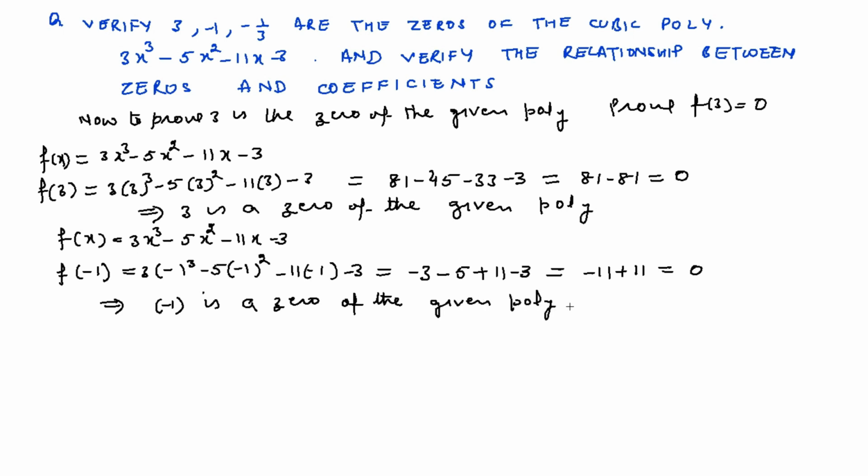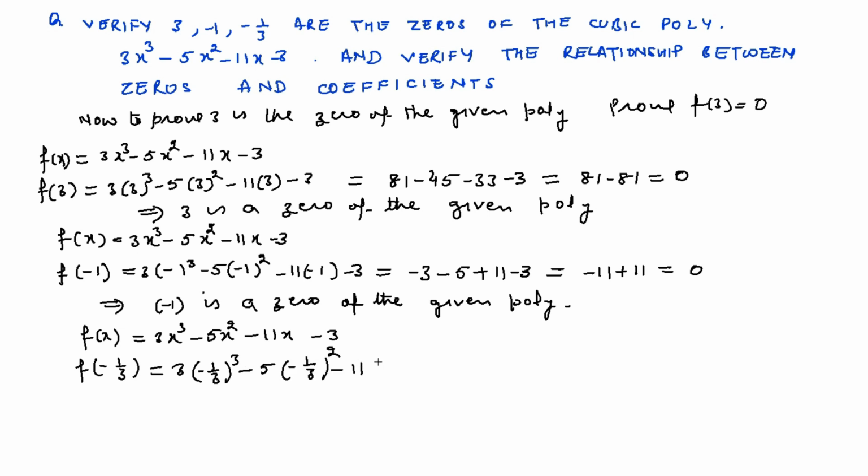Again write the polynomial f(x), which is equal to 3x cube minus 5x square minus 11x minus 3. So instead of x, write minus 1 by 3. So f(minus 1 by 3) is equal to 3 into (minus 1 by 3) whole cube minus 5 into (minus 1 by 3) whole square minus 11 into (minus 1 by 3) minus 3. So when you solve this, you will have 3 into minus 1 by 27 minus 5 into 1 by 9 plus 11 by 3 minus 3.